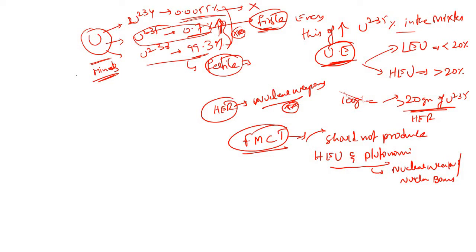Okay, nuclear missiles, nuclear weapons and nuclear bombs. So according to the fissile material cutoff treaty, countries should not produce high enriched uranium or plutonium, which generally are used for making nuclear bombs.